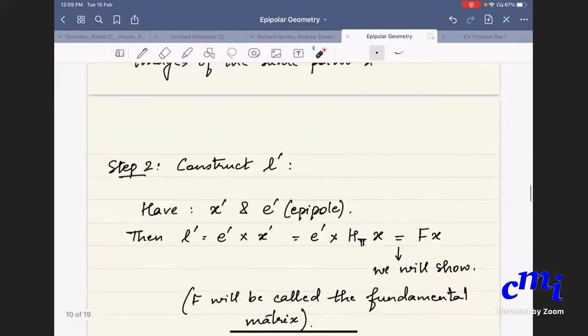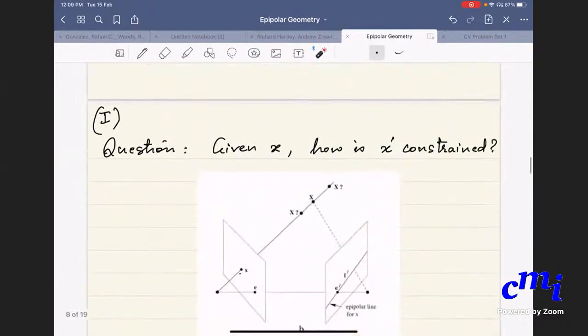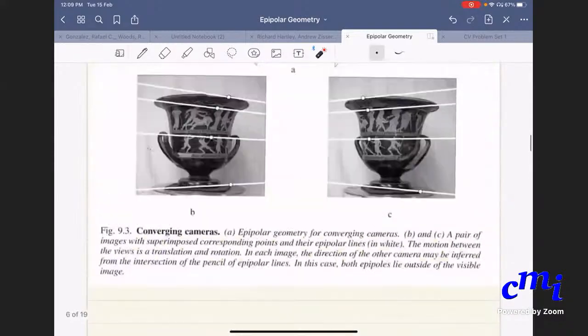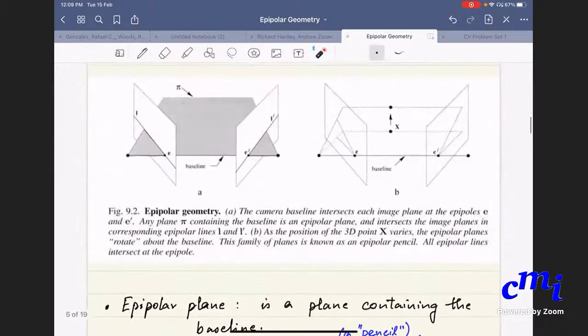And I think at some point I had also shown you this image where, when your scene point moves, we noted that the plane will move, correct? The plane with respect to which you are working.